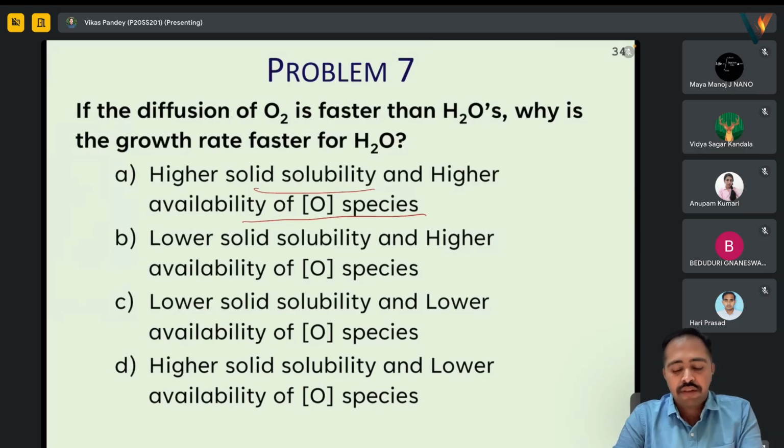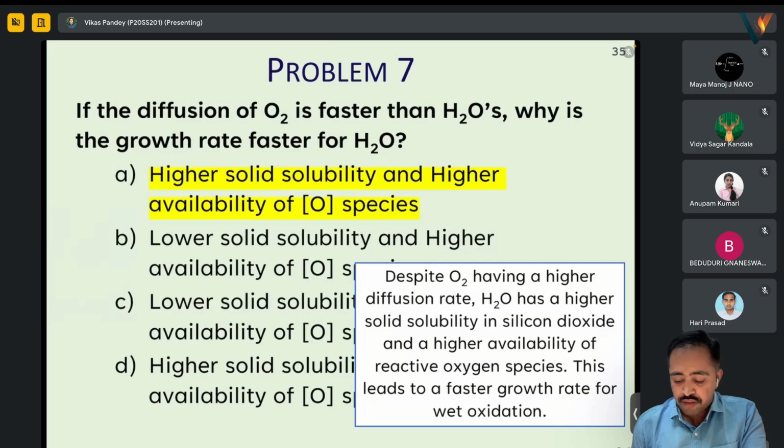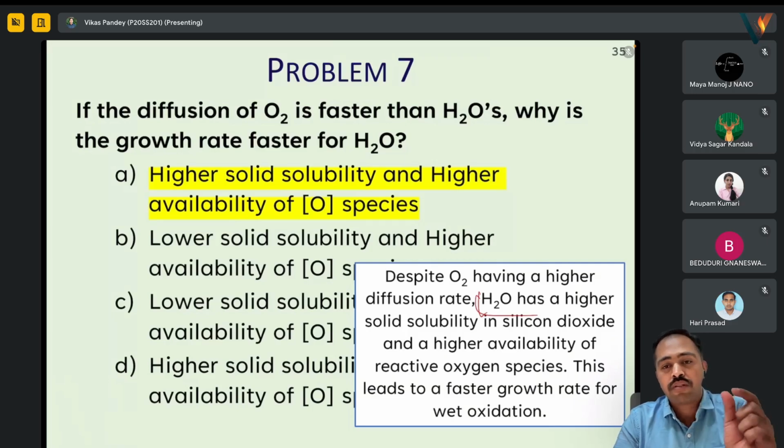Oxygen, despite having a higher diffusion rate, has lower solid solubility compared to H2O in SiO2, and thus has higher availability. This leads to a faster growth rate because, as we saw, H2O is a smaller molecule, so it will have higher solid solubility.